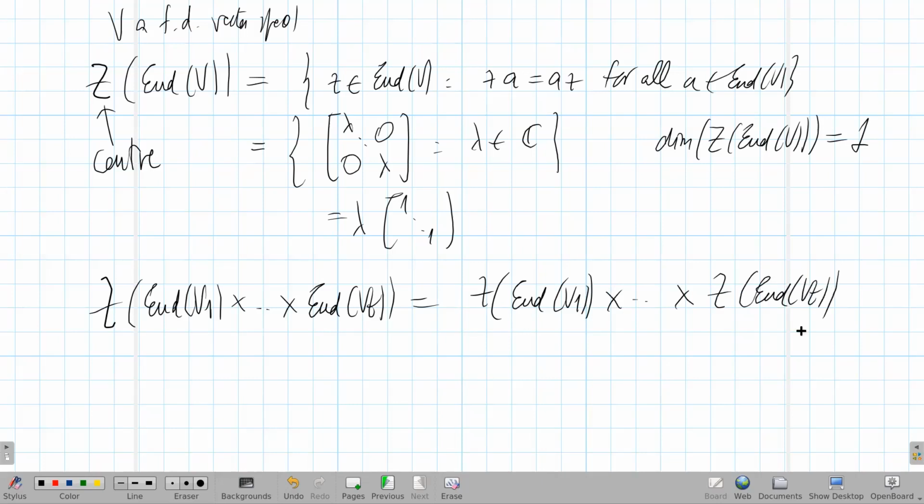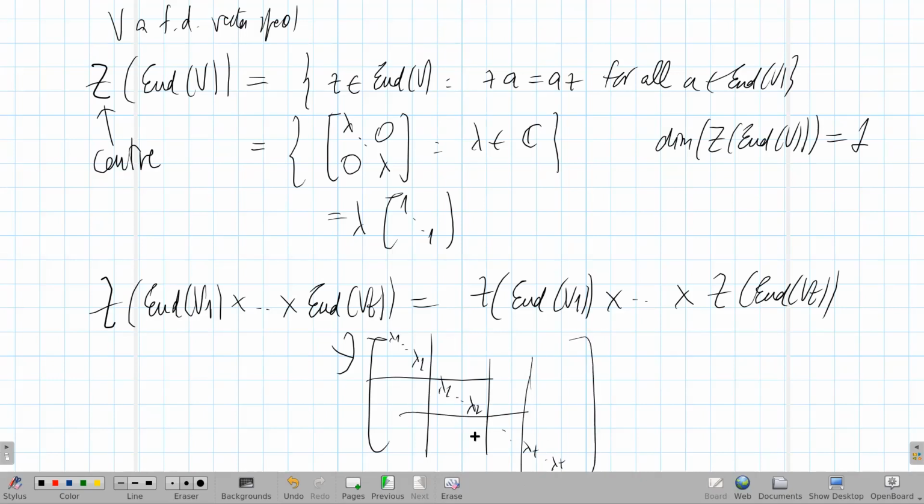So what does it mean? An element here will be of the form lambda 1, lambda 1, lambda 2, lambda 2, and so on, until lambda t, where the lambda i can be different. So an element in the center of End V1, an element in the center of End V2, which I did not write, an element in the center of End Vt.